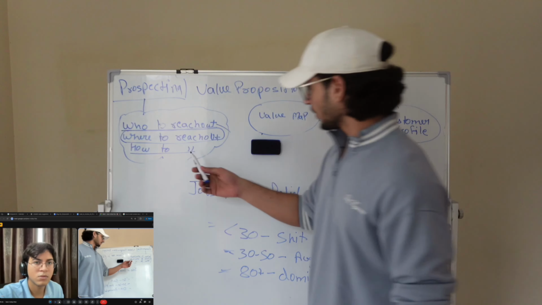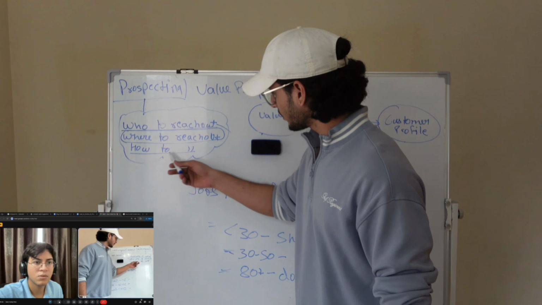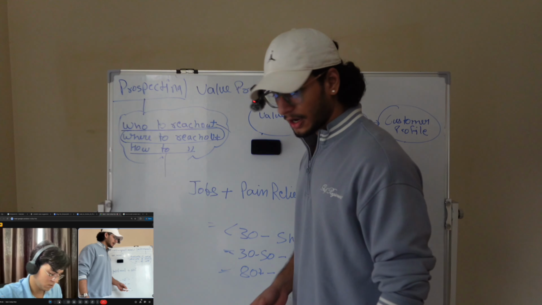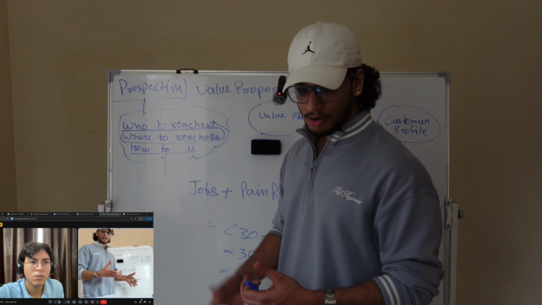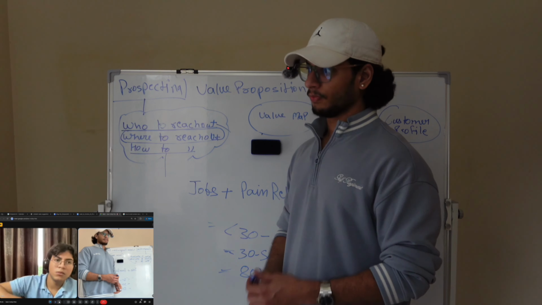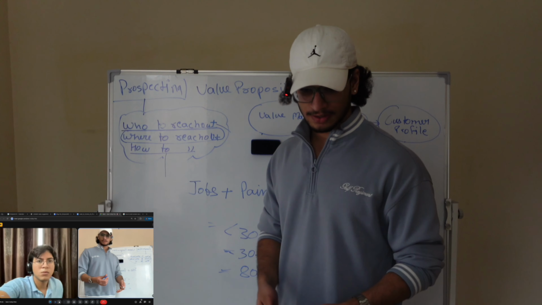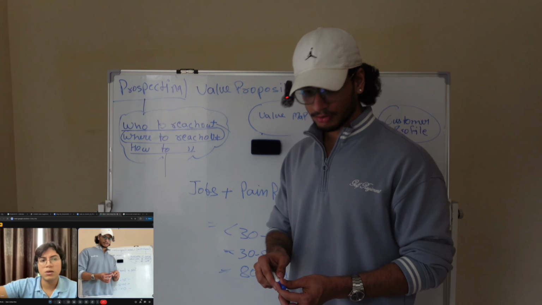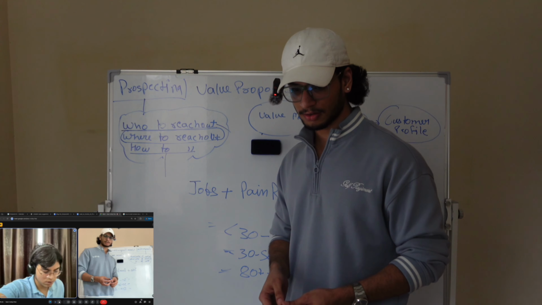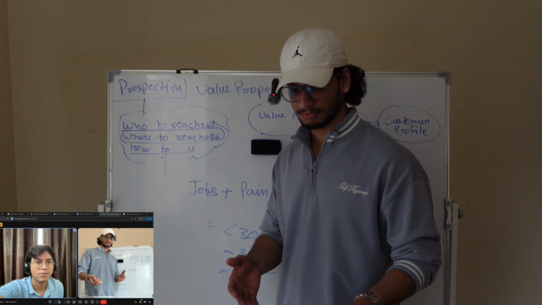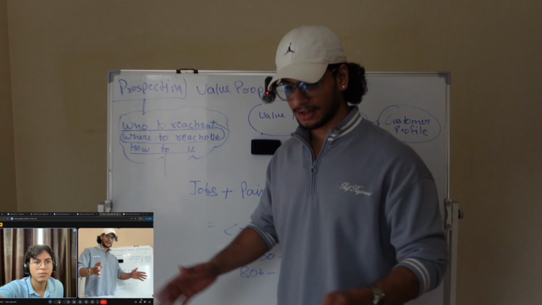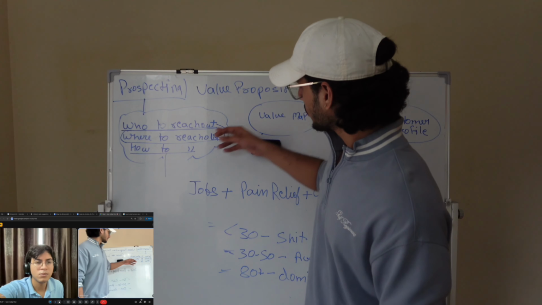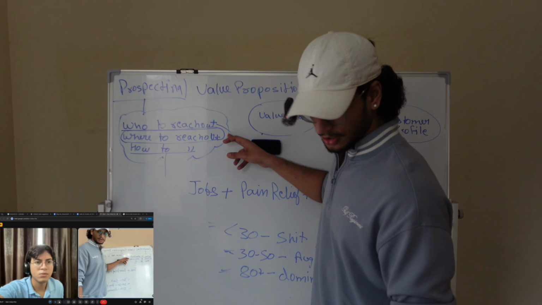This is the formula. One thing, how to reach out. When you think about how to reach out, are you thinking about channel or are you thinking about voice note, video sales letter, landing pages? No, you are just simply thinking about messaging. Exactly. It's just about messaging because you already know who to reach out to and where to reach out.